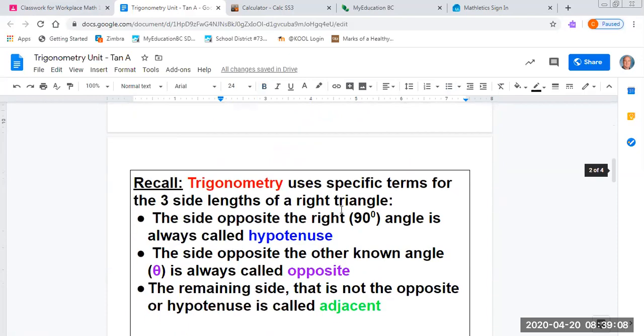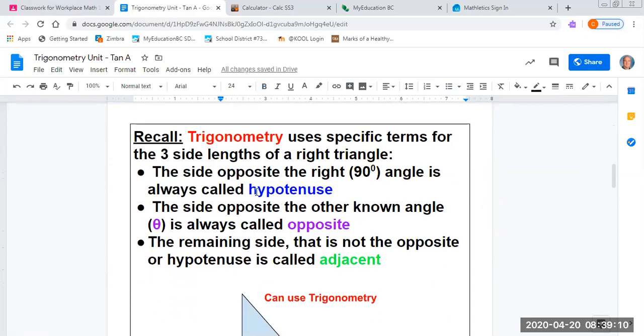Remember once again that there are three terms that we generally use to refer to the three different sides of a right triangle. The longest side, which is directly opposite the 90-degree angle, is the hypotenuse.